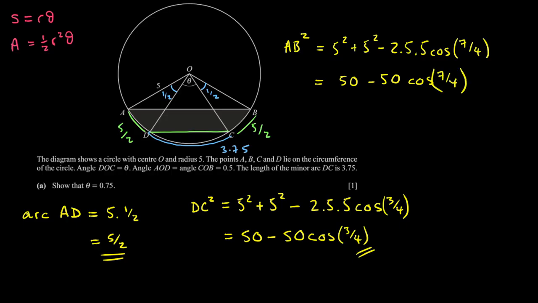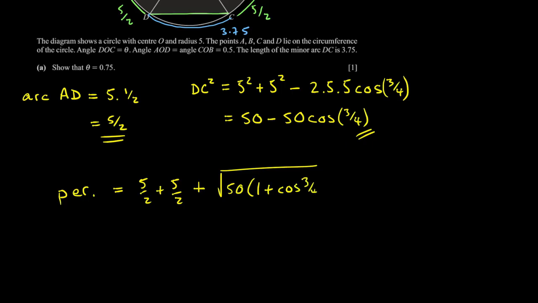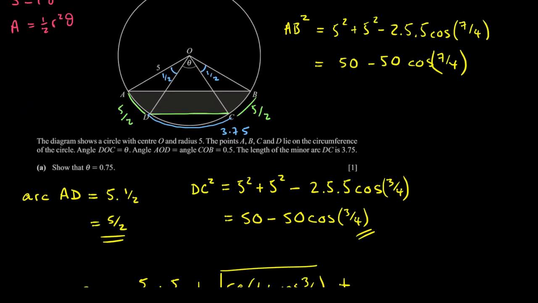All right then, so what's the perimeter going to be? The perimeter is going to be equal to 2 lots of the 5 upon 2. So we've got 5 upon 2 plus 5 upon 2 plus the DC thing. So it's going to be the square root of 50 bracket 1 plus cos 3 quarters plus the length of AB, wasn't it?